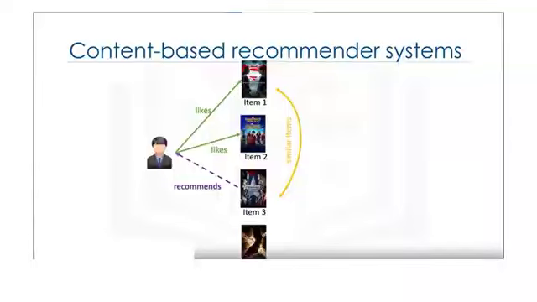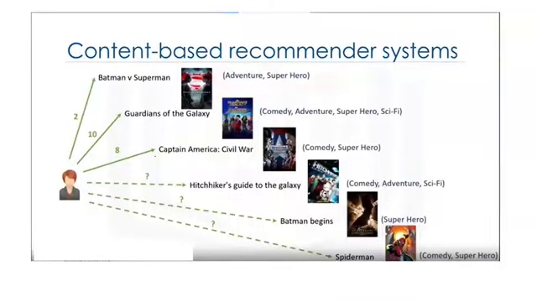In this slide, if these three items are most similar, and the user has liked item one and item two, then based on the similarity item three will be recommended to that user. This is the simple approach this algorithm uses for a content-based recommender system.